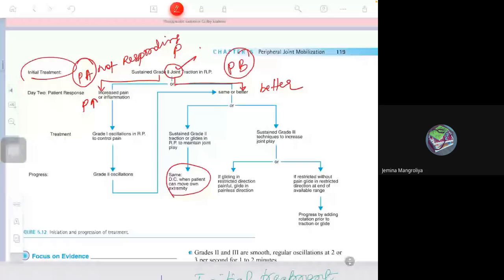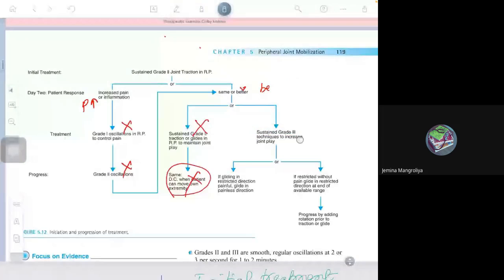Now you need not repeat this treatment. You will go for the next grade, sustain grade 3 technique. Clear? You can skip all these flow charts.